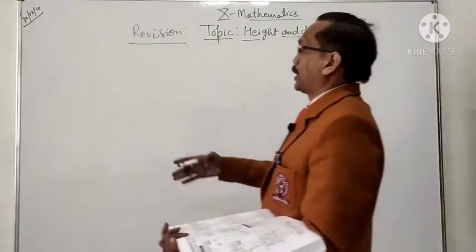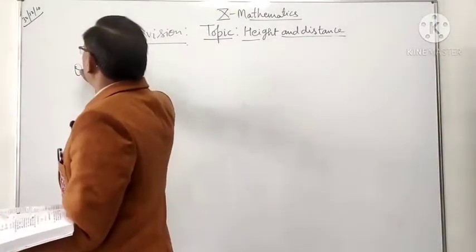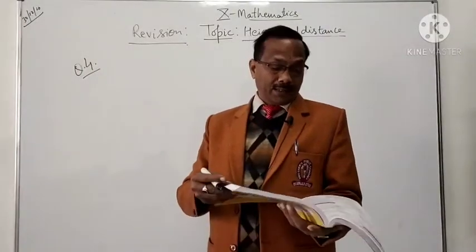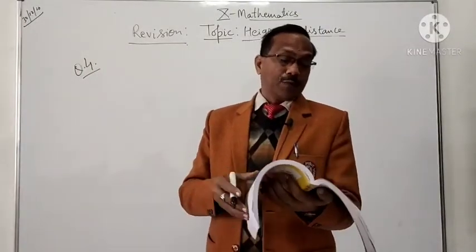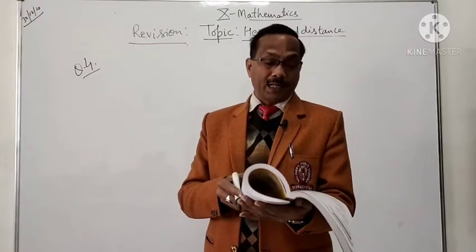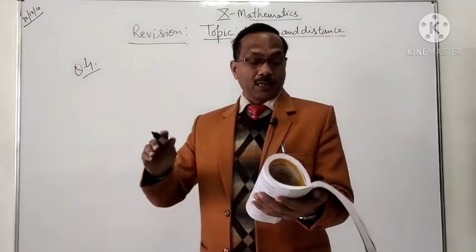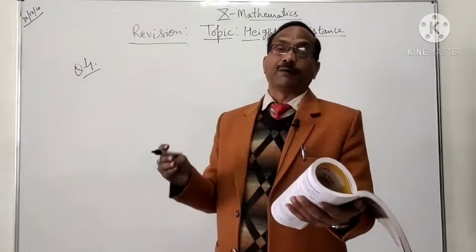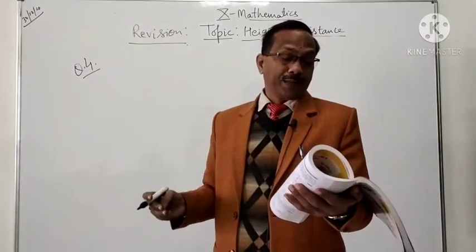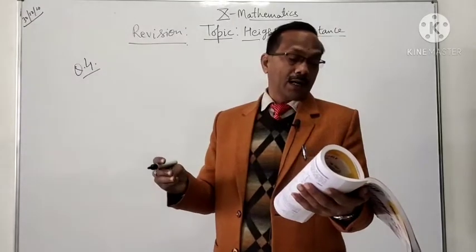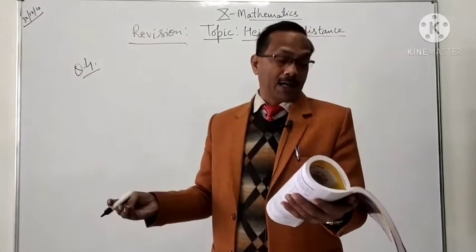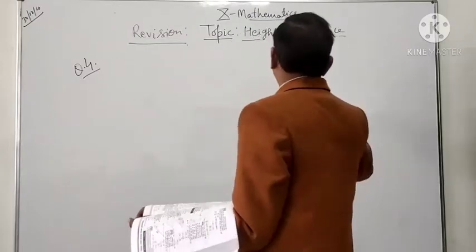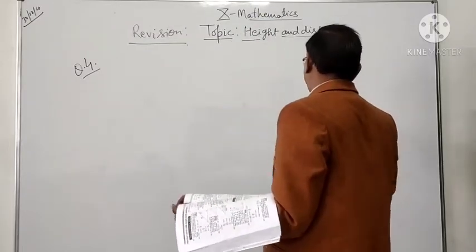Now, student, next question number 4. The angles of depression of two ships from the top of a lighthouse and on the same side of it are found to be 45 degree and 30 degree. If the ships are 200 meter apart, find the height of the lighthouse. Student, let us suppose there is a lighthouse.